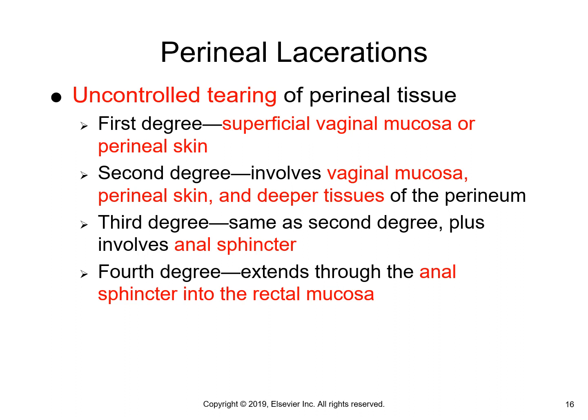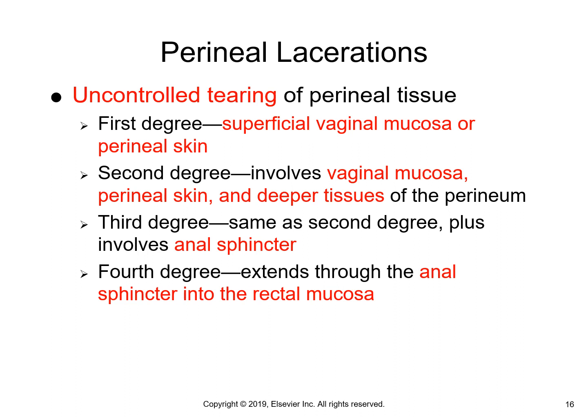Second degree is where it involves the vaginal mucosa, the perineal skin, and deeper tissues of the perineum. Third degree is the same as second degree, but it involves the anal sphincter. And fourth degree is where it extends through the anal sphincter into the rectal mucosa.